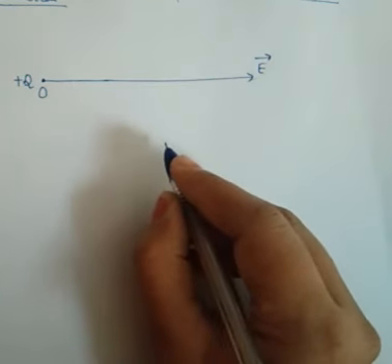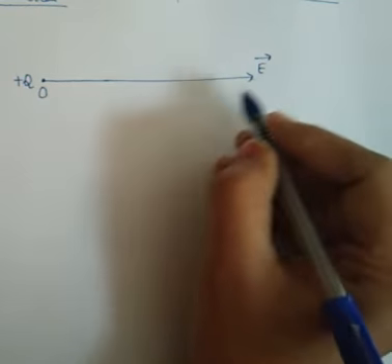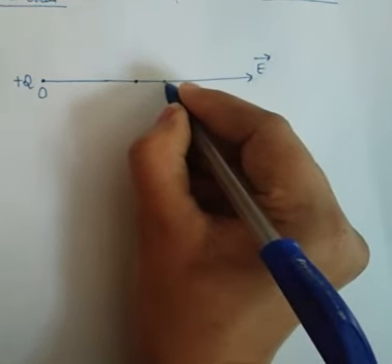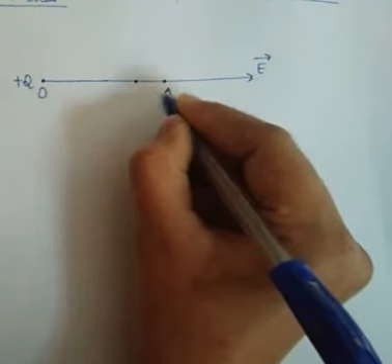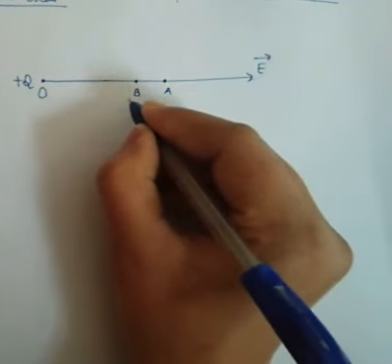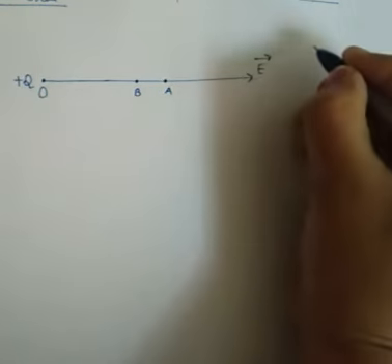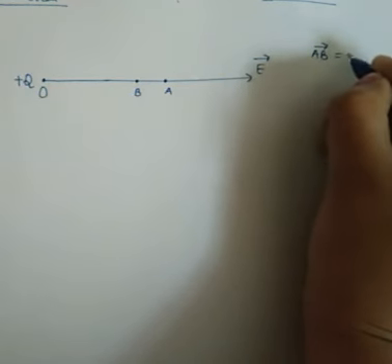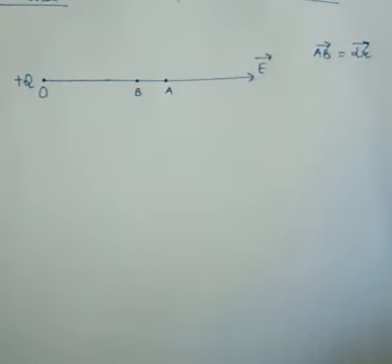On any considered electric field line, take two points A and B such that they are very close to each other, or I may say the separation between A and B is very small. I am calling it dr.